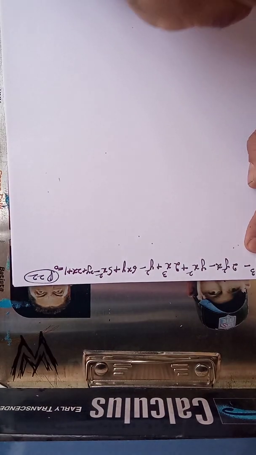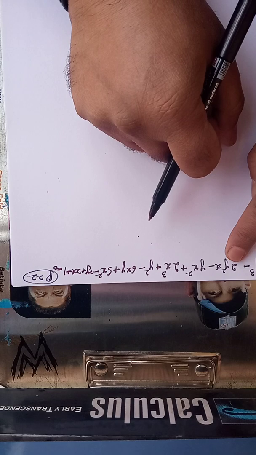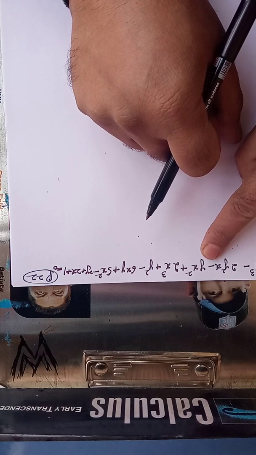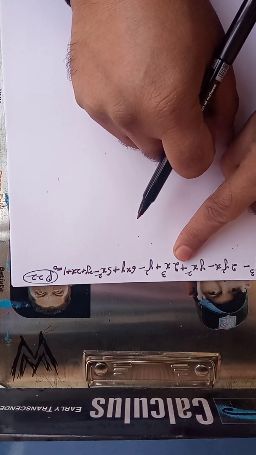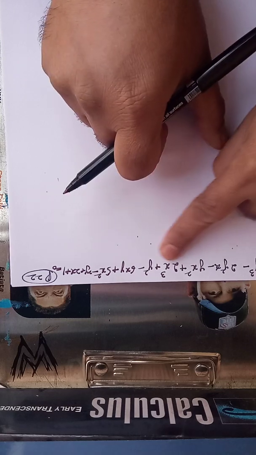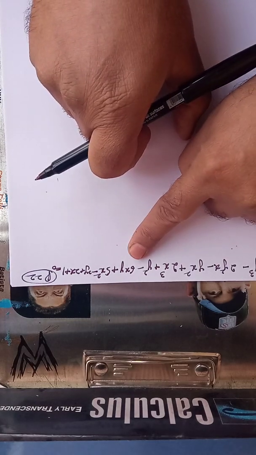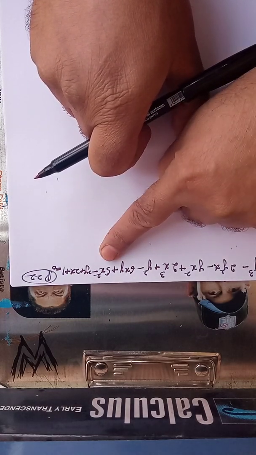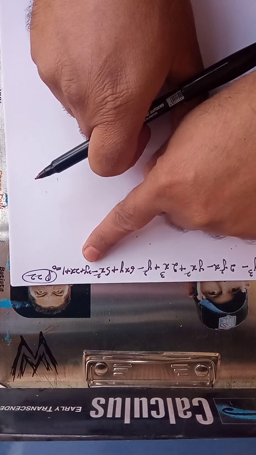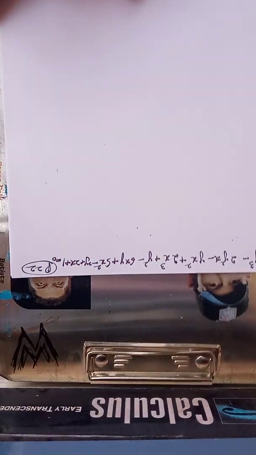Let me read it out again. Y cube minus 2y square x minus yx square plus 2x cube plus y square minus 6xy plus 5x square minus 2y plus 2x plus 1.